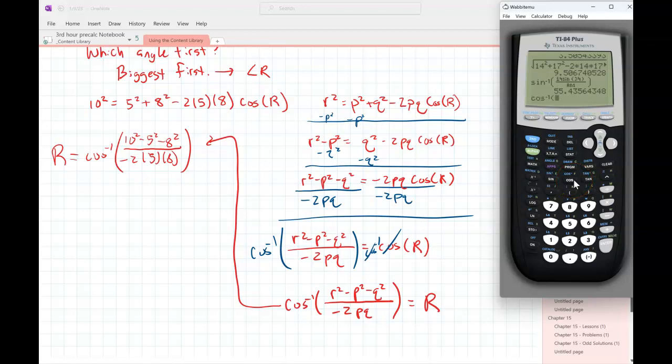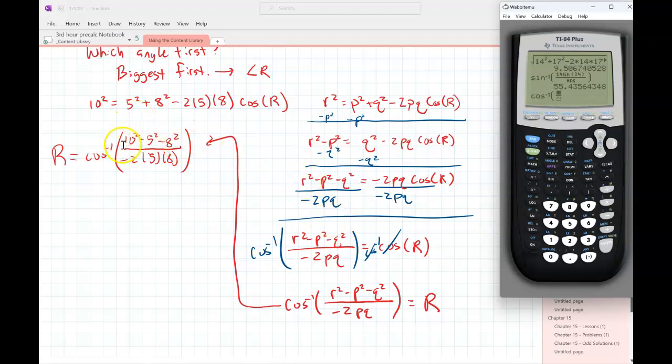In my experience, a lot of students make mistakes here, and it's just a matter of getting it into your calculator the right way, which is purely an order of operations thing.